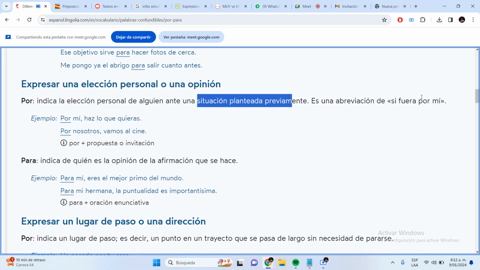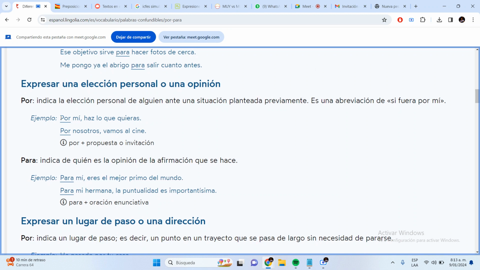And you can think that por expresses, like, if I'm the one making the decision, if the situation is in my hands, I will do this. That's the situation for por. For example, por mí, haz lo que quieras. Like if I can choose, or if the situation is in my hands, do whatever you want. Or por nosotros vamos al cine.